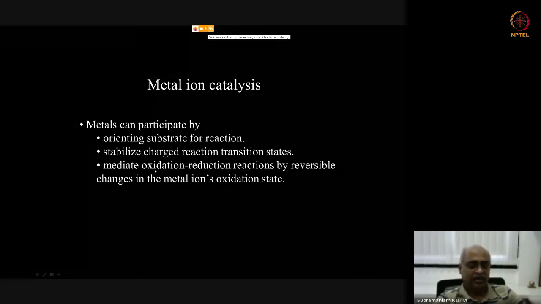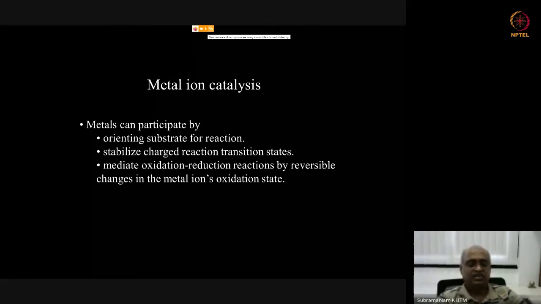And they can participate in oxidation reduction reactions by reversible changes in the metal ion's oxidation state, because many metal ions exist in multiple oxidation states. We will see one great example when we talk about how in photosynthesis, for example, water is split into hydrogen and oxygen, and that exploits the multiple oxidation states of the manganese ion in that particular enzyme.